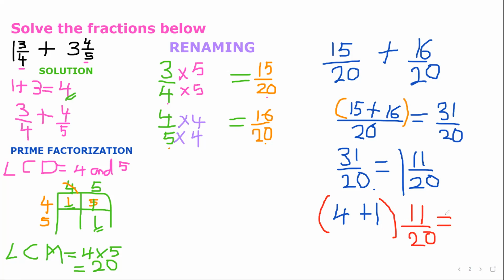Now the final answer will be 5 whole number 11 over 20. You add the first whole number that you added, the 1 plus 3, before dealing with only the fractions to avoid changing them. When you change all to improper fractions, you still get the same answer. Okay, good.